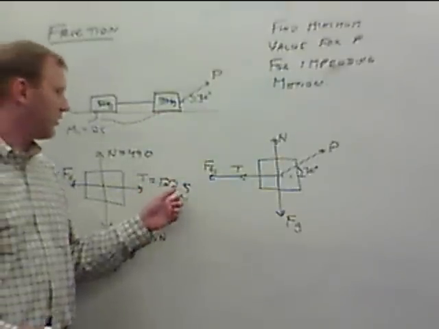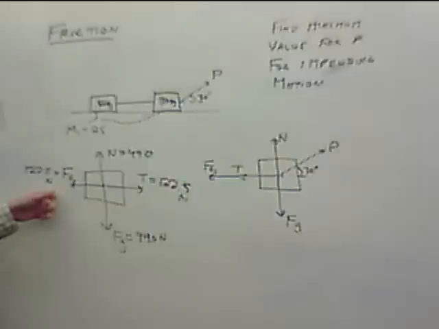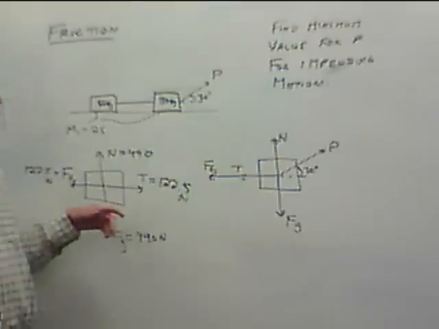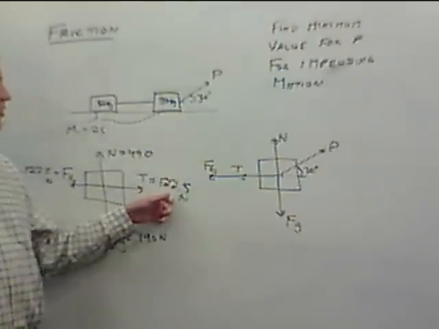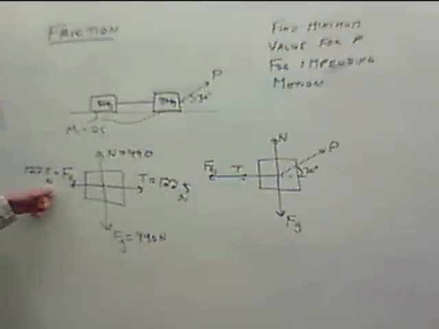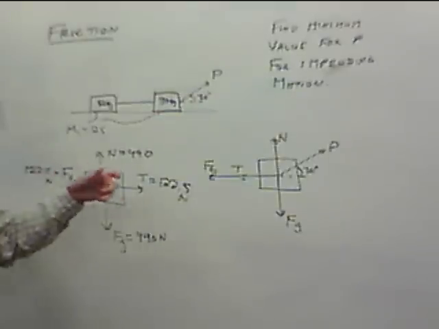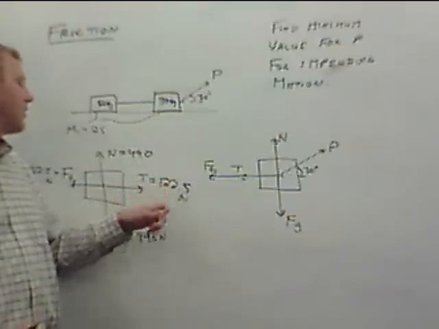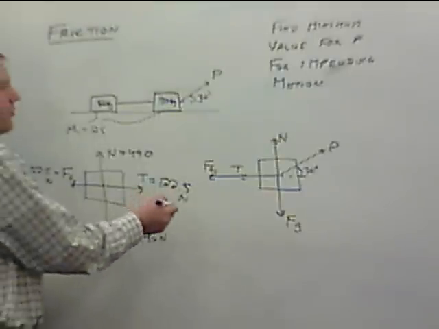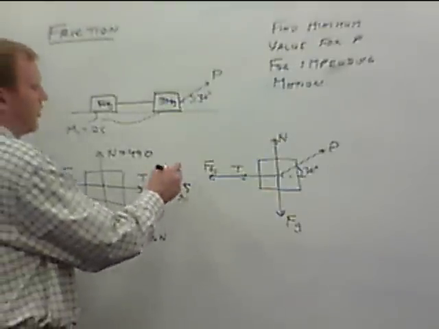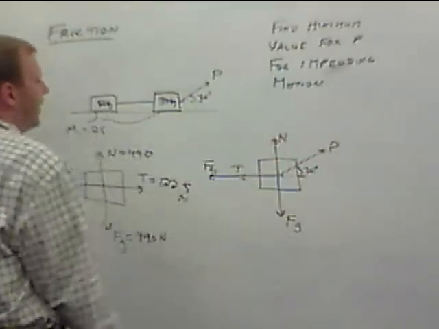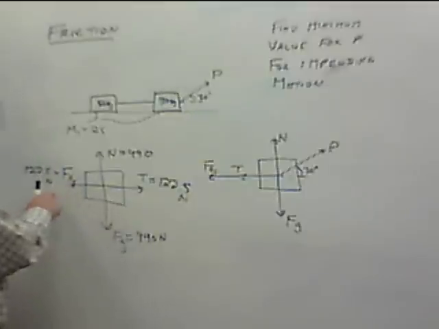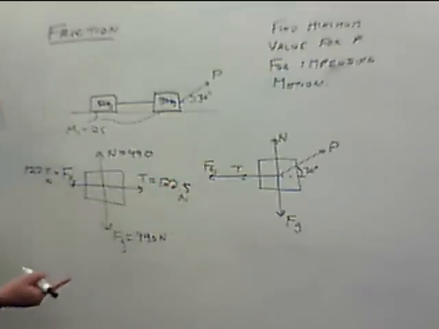If friction is 120 newtons, friction will be 120 to cancel it out. If tension is 122.5, friction will be 122.5 to cancel it out, but that's reaching its maximum value. If we go to anything larger than this, 122.6, 122.51, 122.5001 at the end, that's exceeding the maximum force of friction. We're going to start moving.